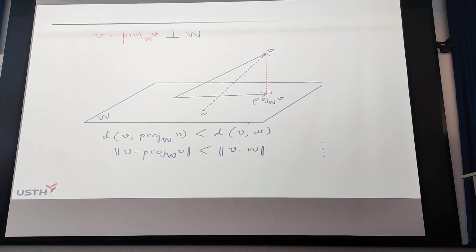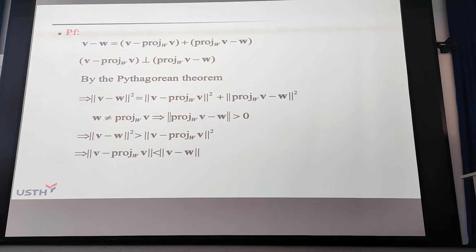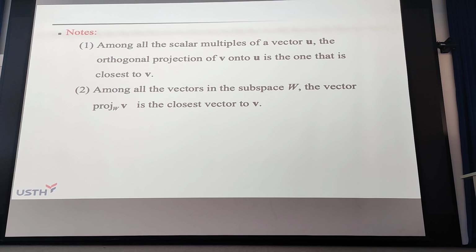So I want to show you this first, and then we go to those things. Everything is explained here, and it will be explained by using the Pythagorean theorem, and you can read it in the slide on the Moodle.